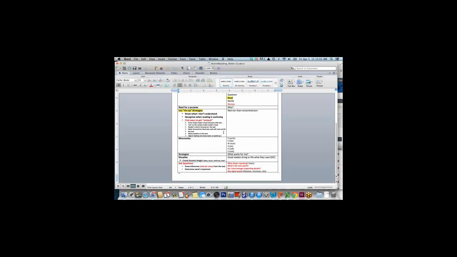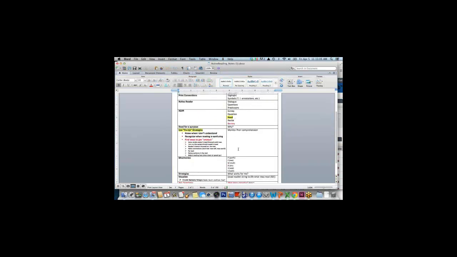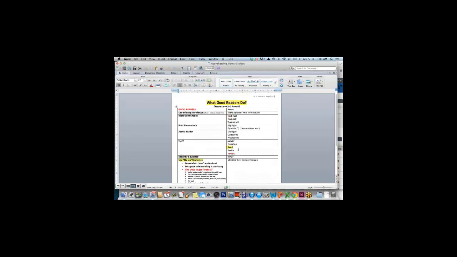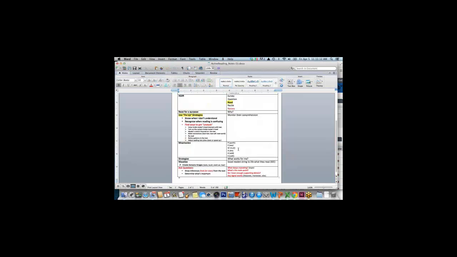Okay, so I won't go through all of this, but this is one of the strategies that I start off at the very first week in class. We begin to dialogue what good readers do. And not only that, but I give them this particular handout so that when they get stuck they continue to refer to this.